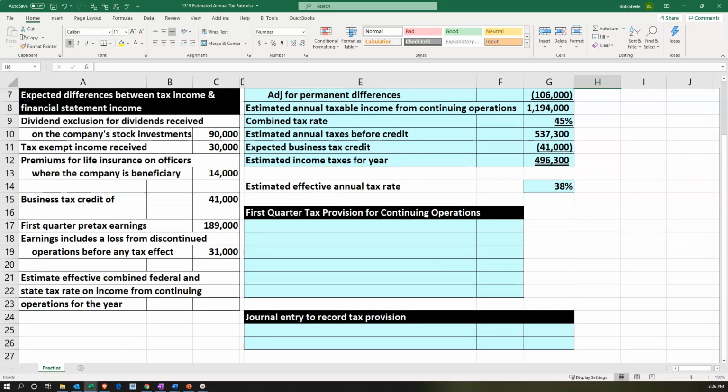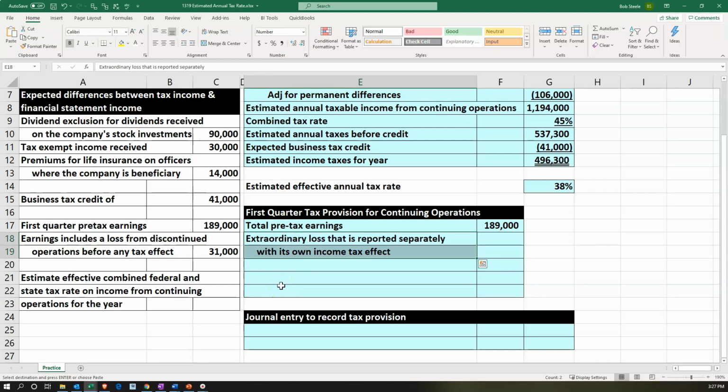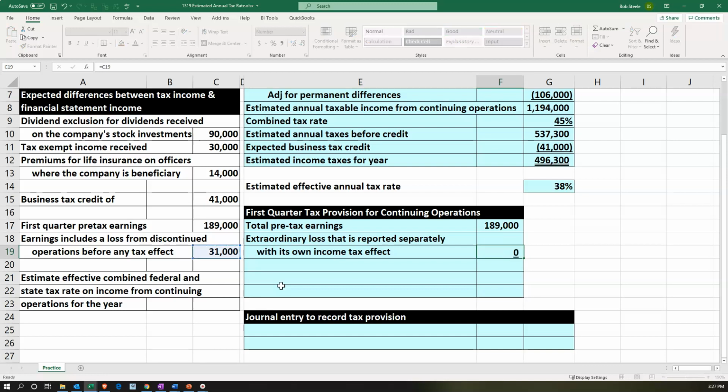All right, so now we're going to say the first quarter tax provision for continuing operations. So now we'll be picking up the total pre-tax earnings, which is going to be for the quarter now. Now we're applying this out to the quarter. The 189,000 for the quarter. And then we had the extraordinary loss that is reported separately with its own income tax effect. So we're going to be taking that into consideration. This 31,000 was a loss, and we're actually going to add this back.